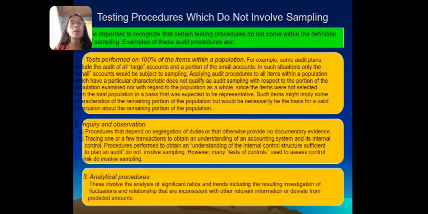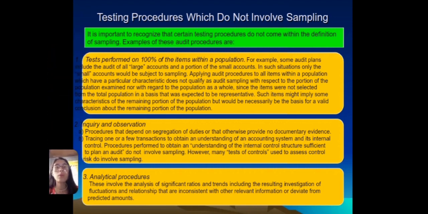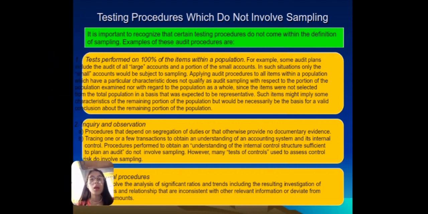Testing procedures which do not involve sampling. First is tests of controls on 100% of the items within a population. For example, some audit plans cover the audit of all large accounts and portions of the small accounts, and in such situations only small accounts would be subject to sampling.